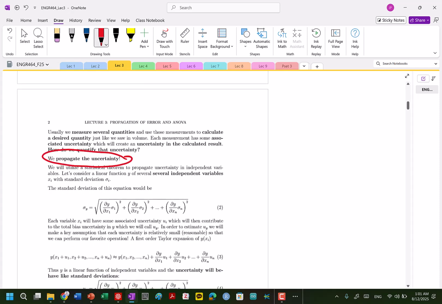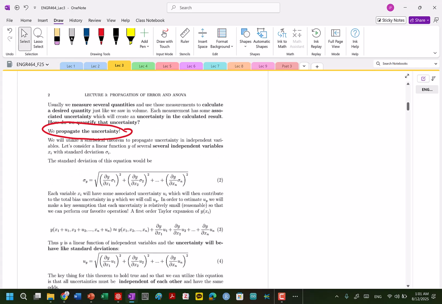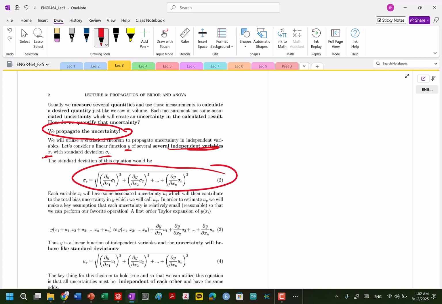Basically, one equation of a standard deviation: if we have this linear function y of several independent variables x sub i, each of which has some standard deviation, the total standard deviation of y would be given by this expression. Now, what we can do is a first order Taylor expansion.